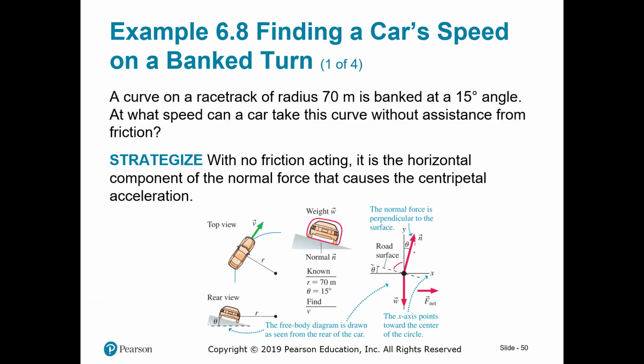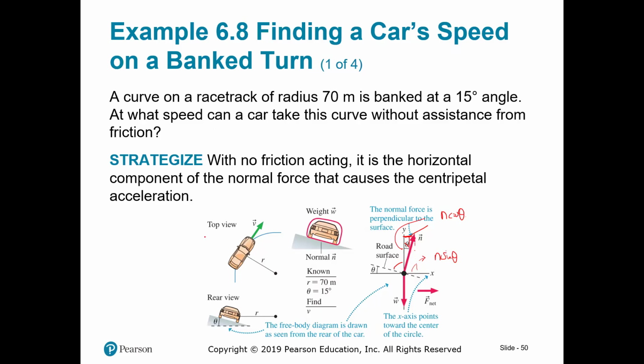If you decompose this, the x component is N sine theta, because this length is the opposite side. And sorry, the y component is going to be N cosine theta, because this is adjacent and this is opposite.